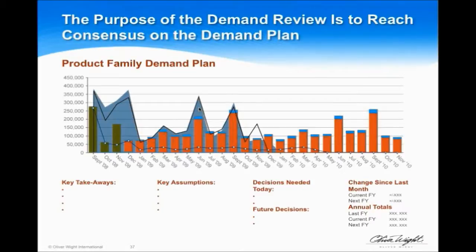It's also helpful to see what's changed since last month. And here, the vertical bars are the current proposed demand plan, and the black line is last month's demand plan. You'll notice, like the previous example, there are areas for key takeaways and key decisions, as well as key assumptions.